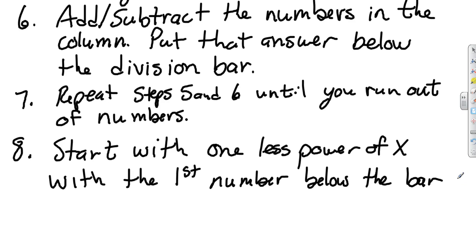So taking the numbers on the bottom, you're going to basically reintroduce, put the x back in, starting with 1 less power on all the numbers below the bar, and then just count it down. So start with 1 less power of x with the first number below the bar, and continue with descending order.